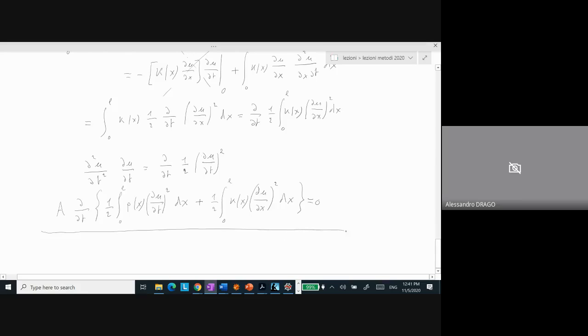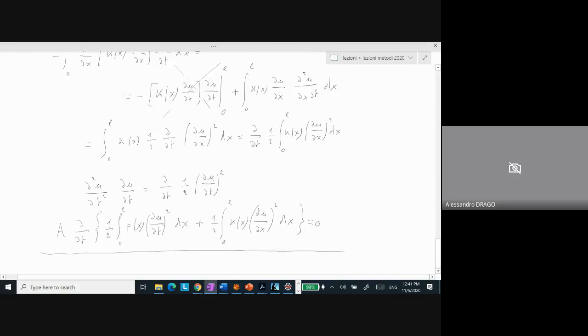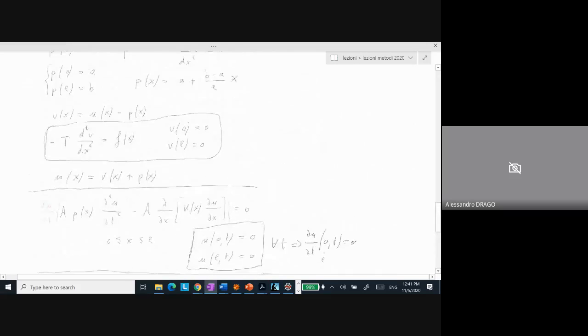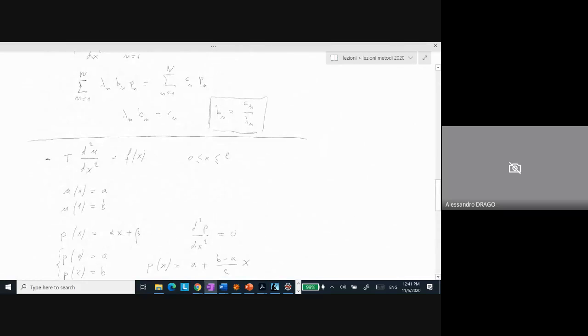So the next step is to try to understand this second term here, which, as I said, we can claim is the potential energy just due to the inner forces, the elastic forces. But our equation in principle contains some external force, this f of x.